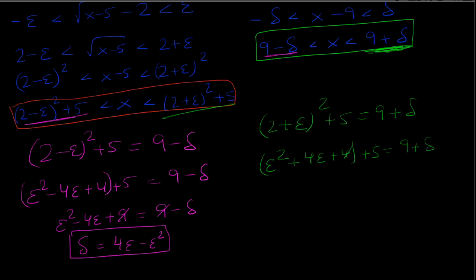The 4 and the 5 is going to cancel with the 9, and we'll have delta is equal to epsilon squared plus 4 epsilon. And the last step is we want to find the smaller of the two deltas. So again, because we're subtracting two positive numbers, the delta that we want will be 4 epsilon minus epsilon squared.